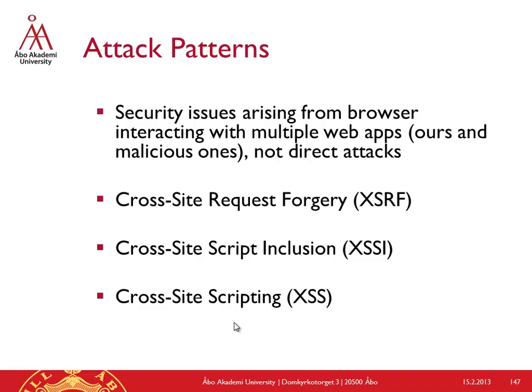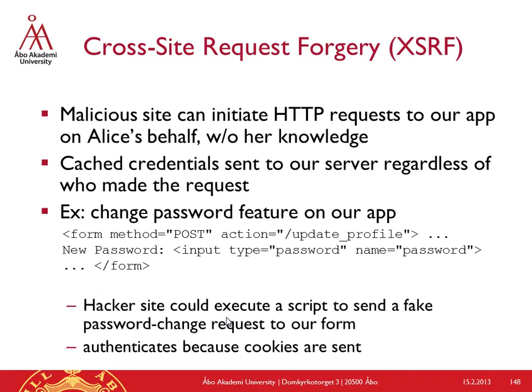So which attack patterns might be used in this case? There are three of them: cross-site request forgery, cross-site script inclusion, and cross-site scripting. Let's consider all of them one by one. I will start with request forgery. So what's the idea of request forgery?